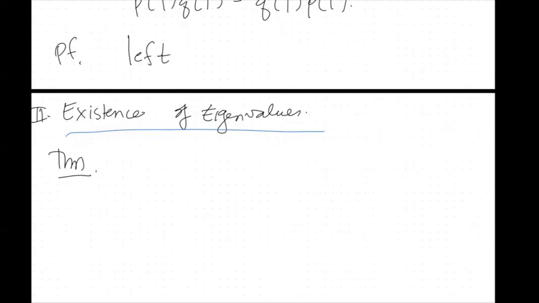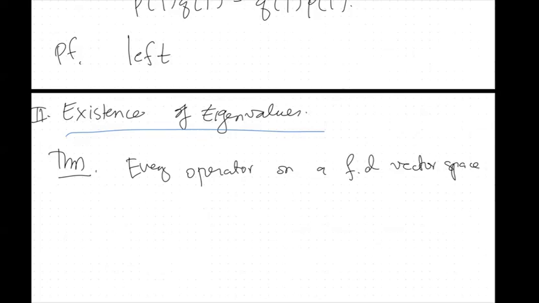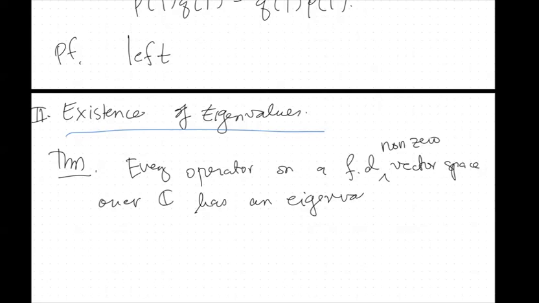Here's the theorem: every operator on a finite dimensional, say non-zero, vector space over the complex numbers has an eigenvalue. So let us prove this statement.